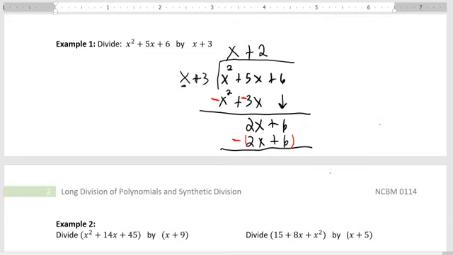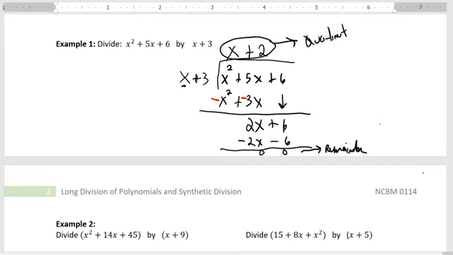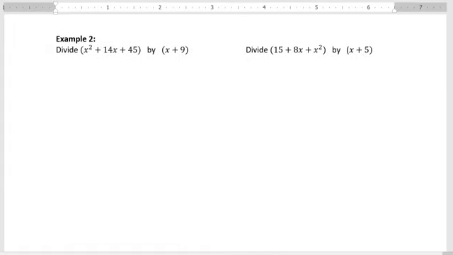So we're going to distribute this negative, which is going to give us a negative 2x and a negative 6. So 2x minus 2x is 0. 6 minus 6 is 0. Okay, so our remainder is 0. Our quotient is x plus 2. Okay, so let's look at a couple of more examples.